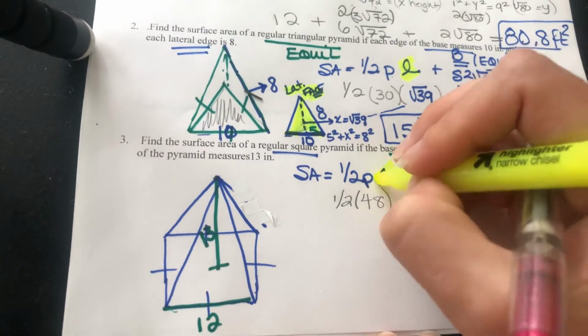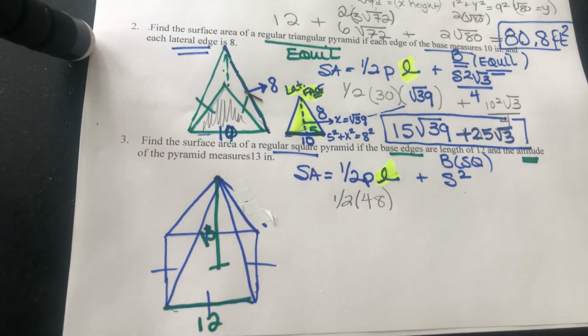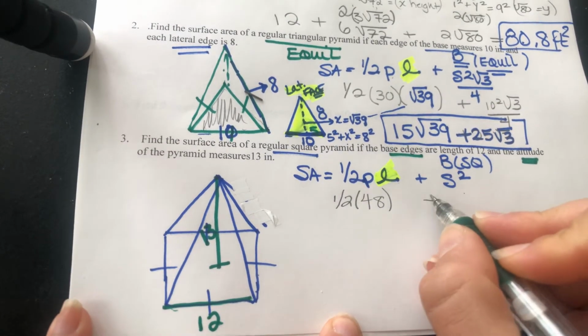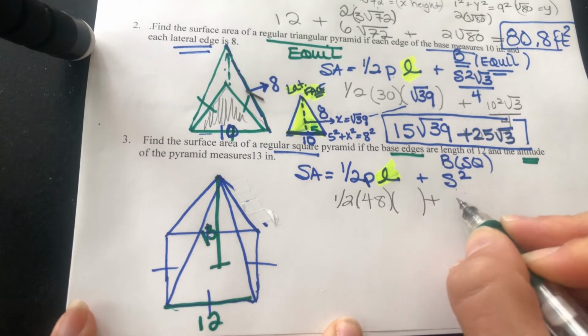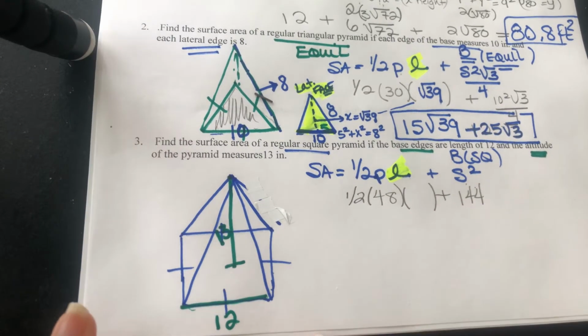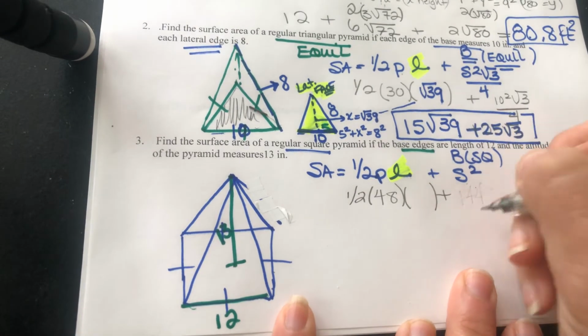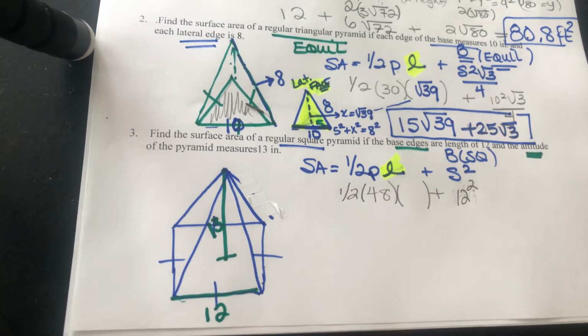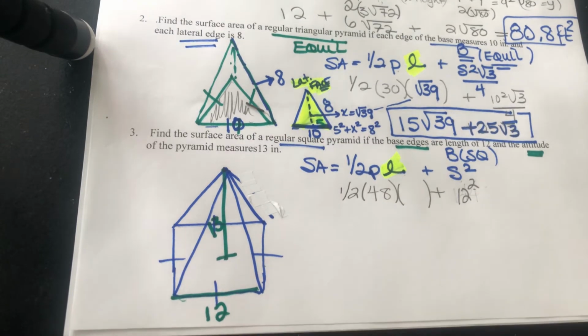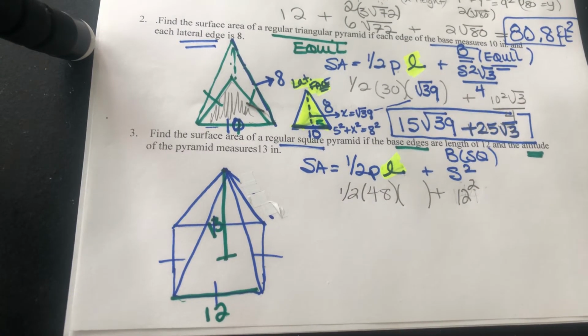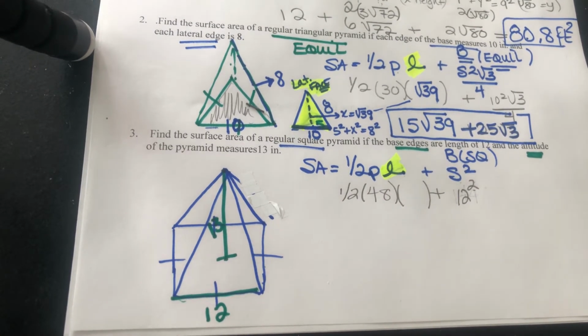I don't know your slant height, so we're going to have to calculate that. Plus side squared, so we have 144. I'll just go like this just in case you're lost, so you can see the numbers. This one's different than that one, which is why I'm doing all of these problems. That can be a little bit of a longer lesson, unfortunately.